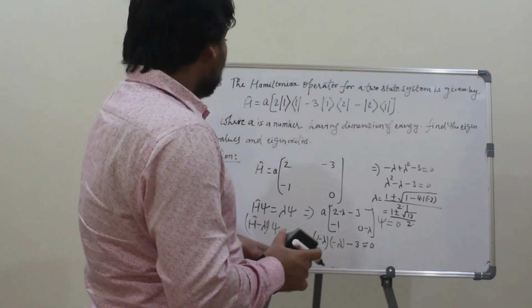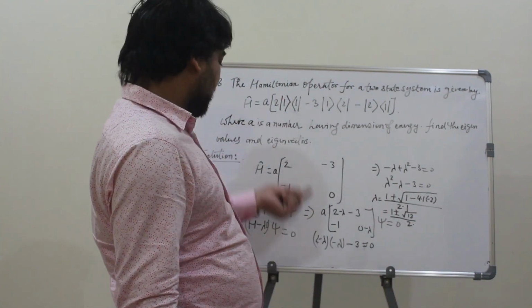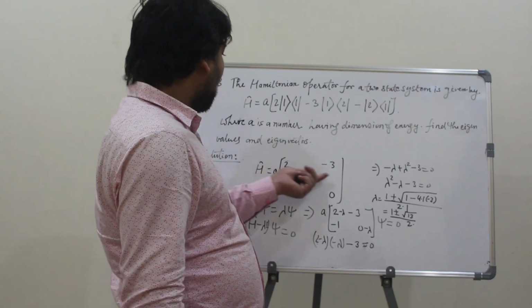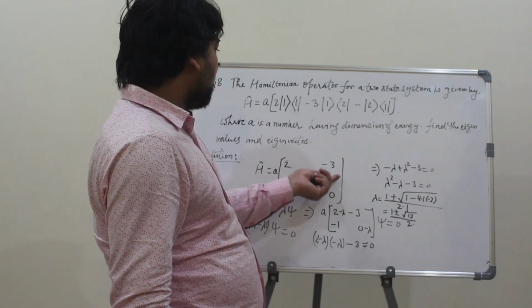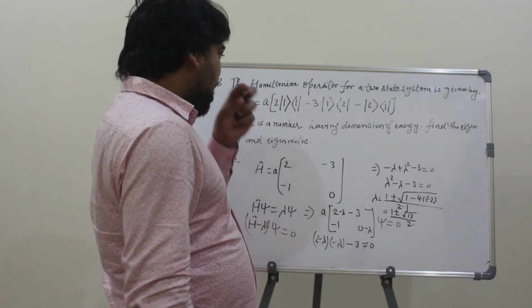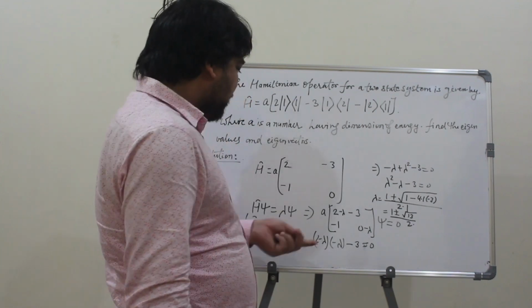So let's look at it again. The matrix is 2, 1, 1, 0.